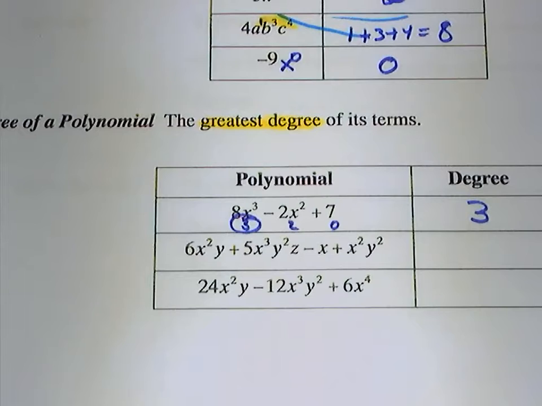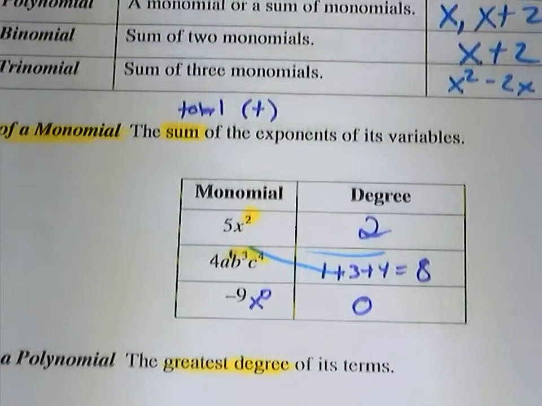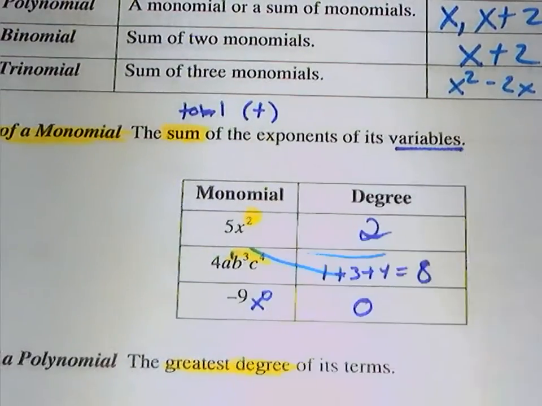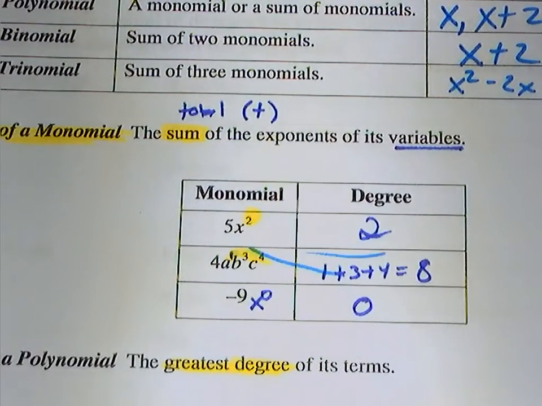Yes, ma'am? I thought that the coefficients, like the numbers, or I mean like exponents? No, like the big numbers. Yep. I thought those had exponents. They do, but if you're looking at degree, it's a good question. You look up here, it's only of its variables, not of its coefficients.